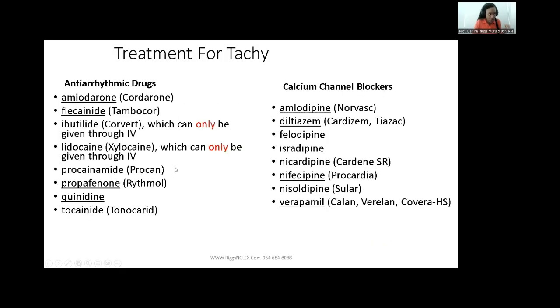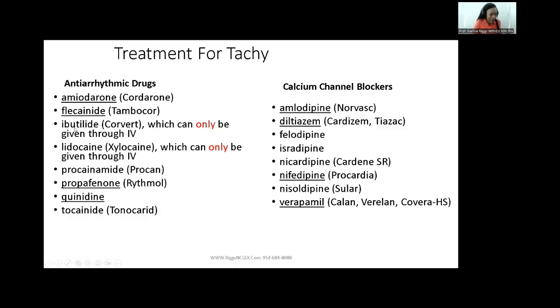Okay, so let's continue with treatment. You're going to see the client on some antiarrhythmics and some calcium channel blockers, your dipines. So your antiarrhythmics: amiodarone, I've said at least 5 times already. Flecainide is another one.